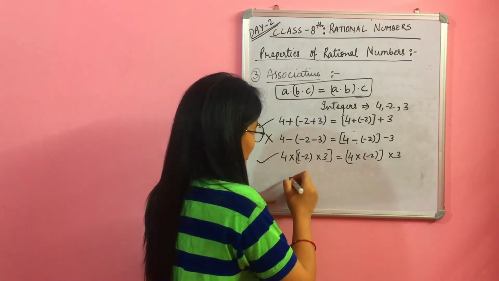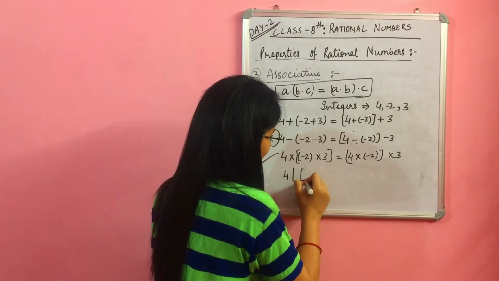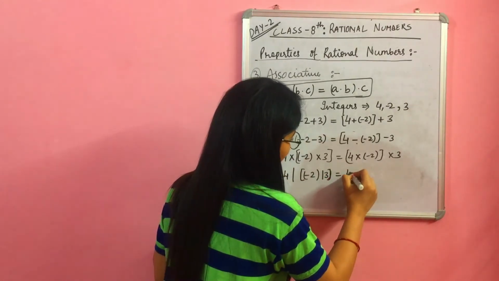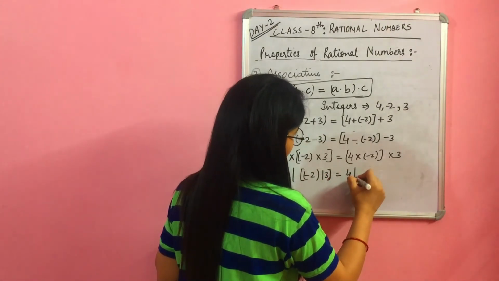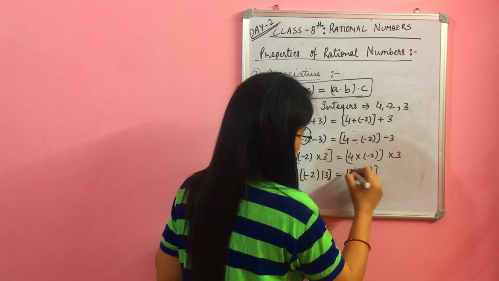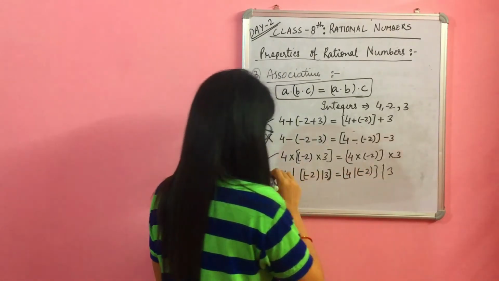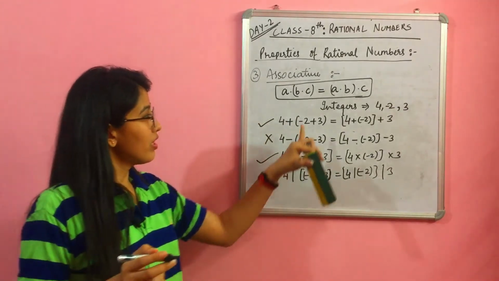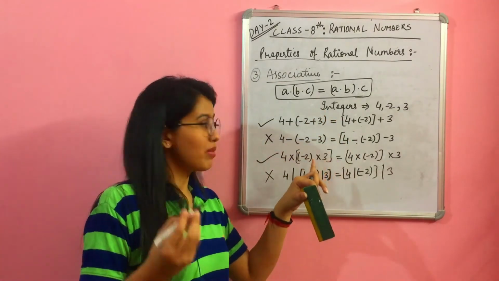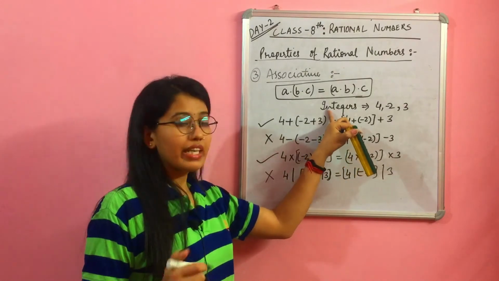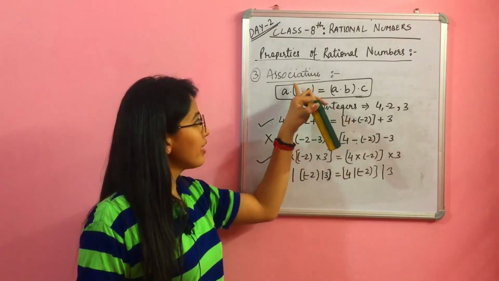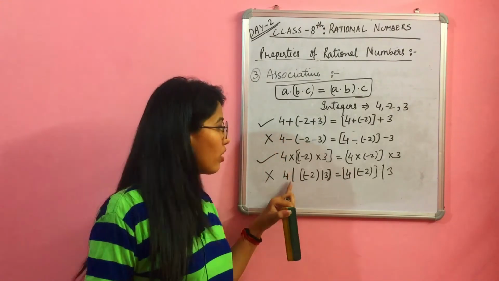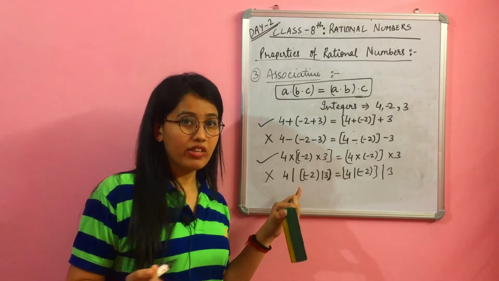In case of division, 4 divided by -2 divided by 3, when you solve this one, it will not satisfy. Okay, so we can summarize this as, if we are taking the set of integers, the associative law will satisfy in the case of addition and multiplication only, not in the case of subtraction and division.